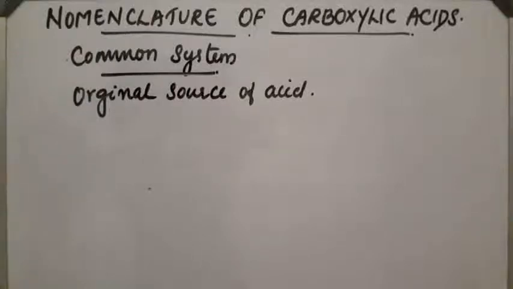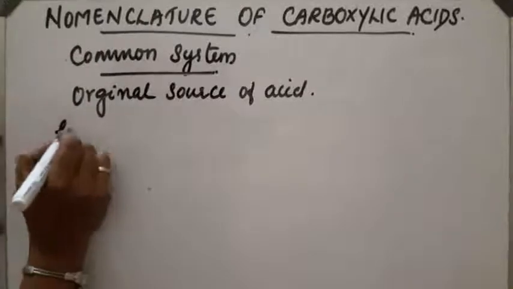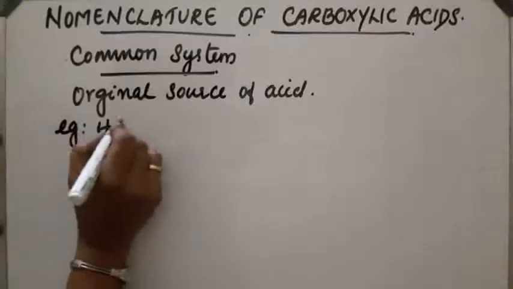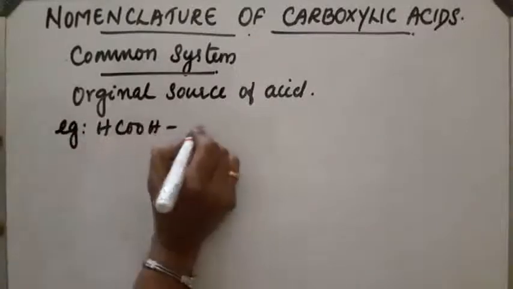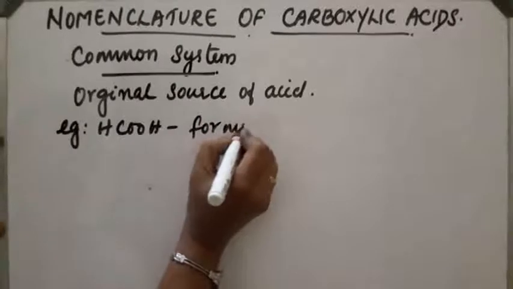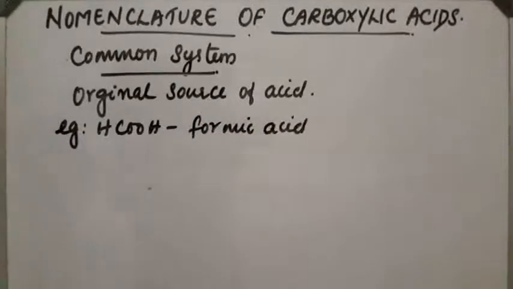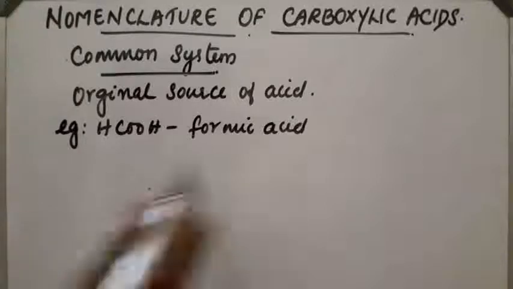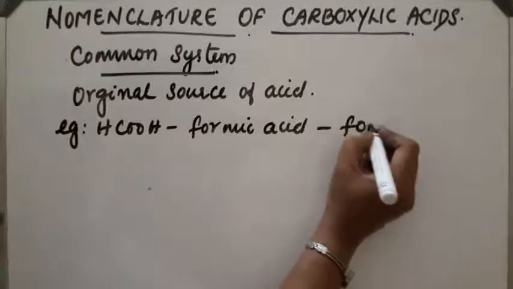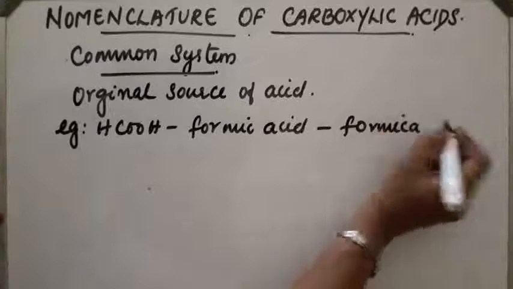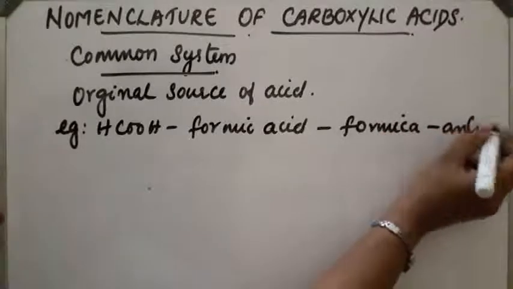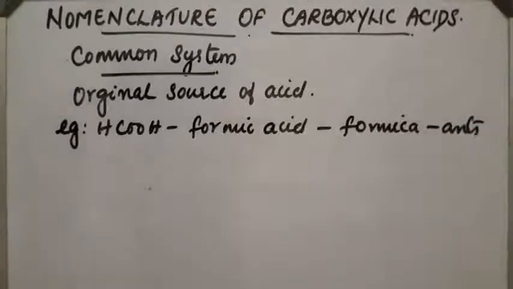Now, for example, let us take HCOOH. HCOOH is called formic acid. Its original source, formica in Latin, means ants, from which it got the name formic acid.